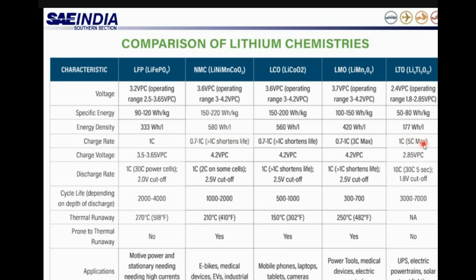LTO is a chemistry which can sustain very fast charging and discharging rates, it can sustain thermal runaways, and it can also operate in very high-heat environments. But the compromise is that the cost of LTO is higher compared to NMC. So this is to give you an idea.